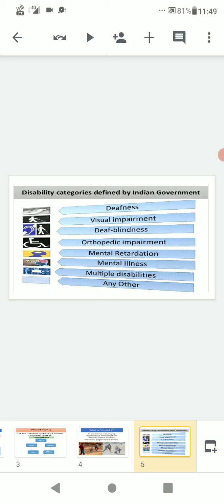So, disability categories defined by different governments are deafness, visual impairment, deaf blindness, orthopedic impairment, mental retardation, mental illness, multiple disabilities, and any other.